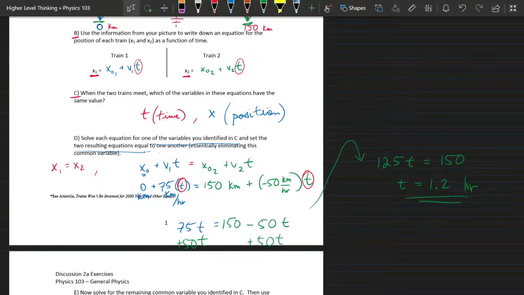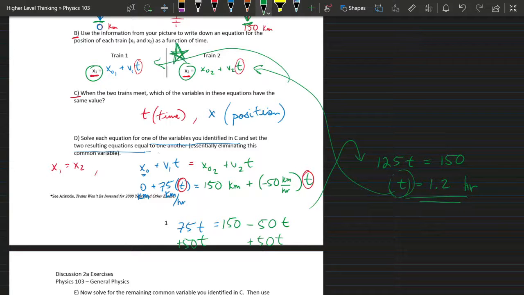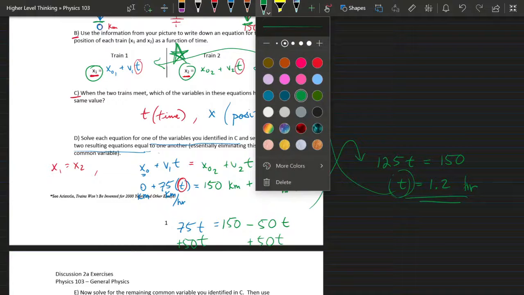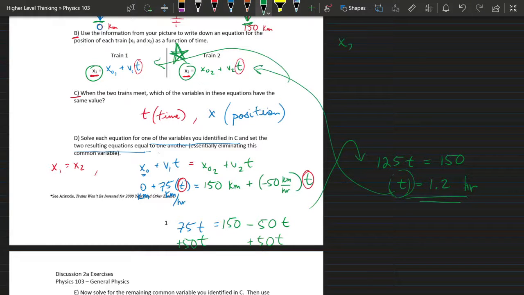So now what we can do with this equation is take this time and plug it back into either this equation or this equation, and then end up solving for the final position, which is also the same. So I'm just going to look at the equation from train 2 and do just that. So let's rewrite the equation for train 2 over here, which is simply said x2 is equal to x naught sub 2 plus v2 times time.